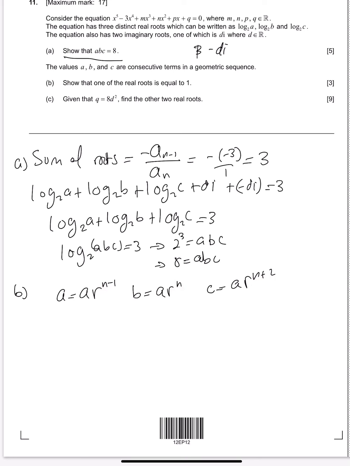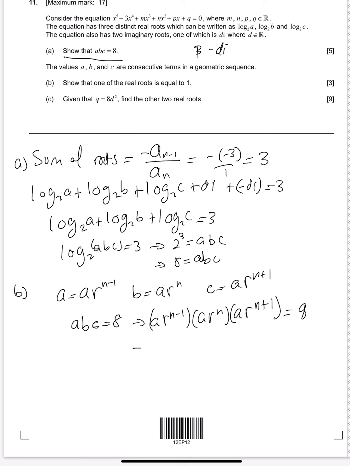Okay, so if these are consecutive, then we know that abc equals 8, which we just found. Therefore, a r to the n minus 1 times a r to the n times a r to the n plus 1 is equal to 8.